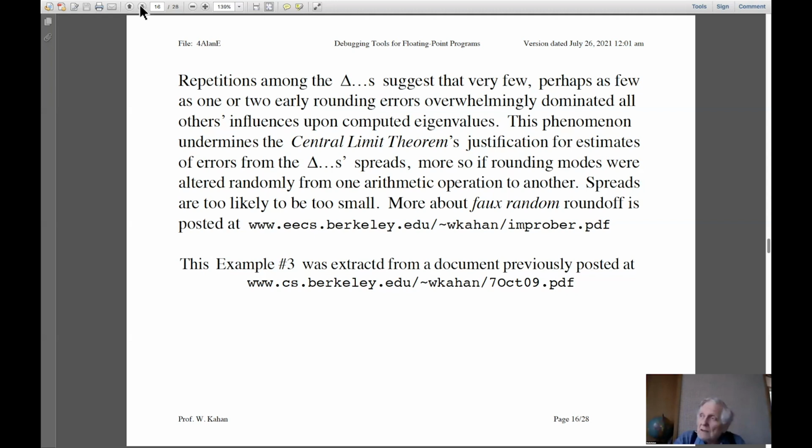But then if you have a lot more bits, why not use them systematically and try to get more accuracy rather than try to degrade it? So no, as long as the rounding errors are just redirected either up or down, the central limit theorem is very likely to be thwarted.